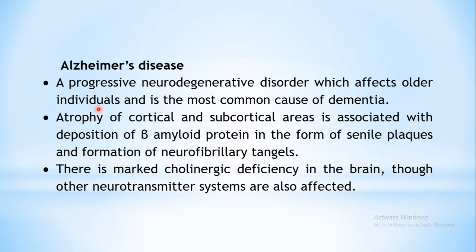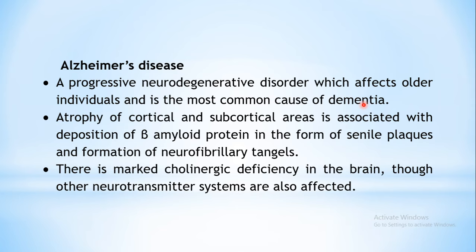Normally it is not very severe, but if there is severe degeneration of the neurons of your brain, then the person is said to be suffering from Alzheimer's disease, the most common cause of dementia. Because of the loss of brain neurons, it leads to dementia, where memory, intellect, personality and cognitive functions are affected.